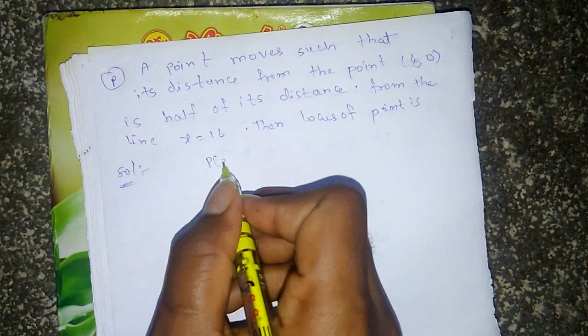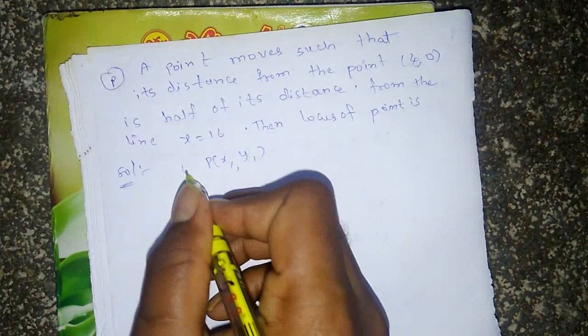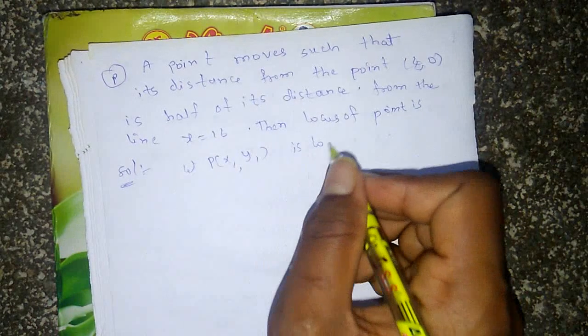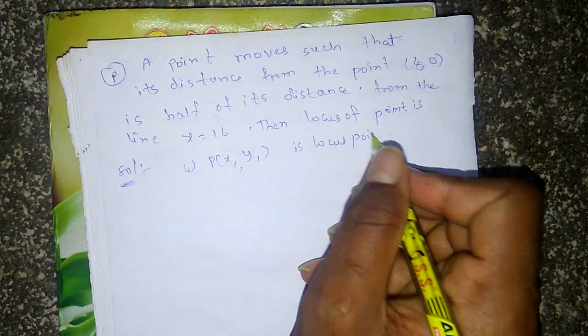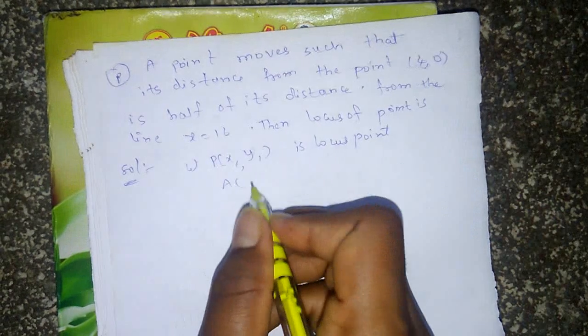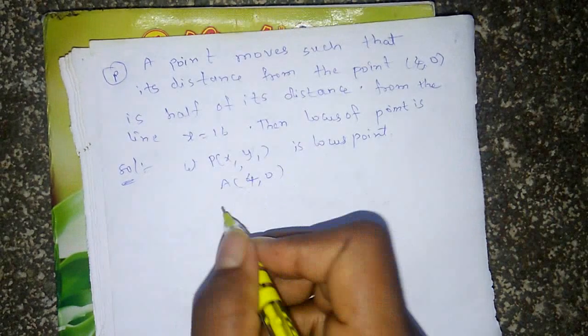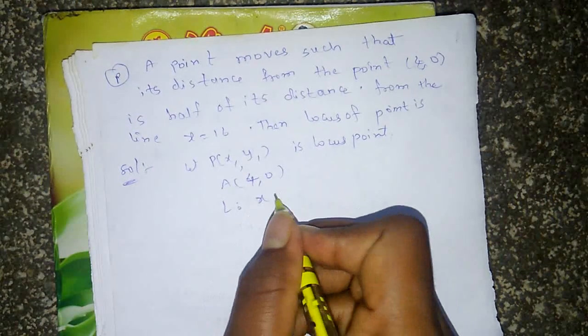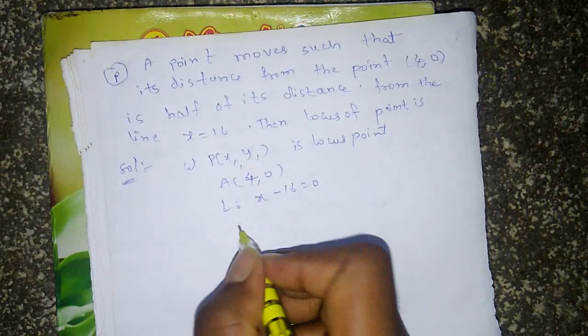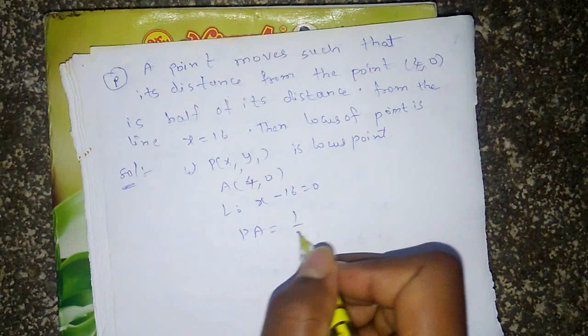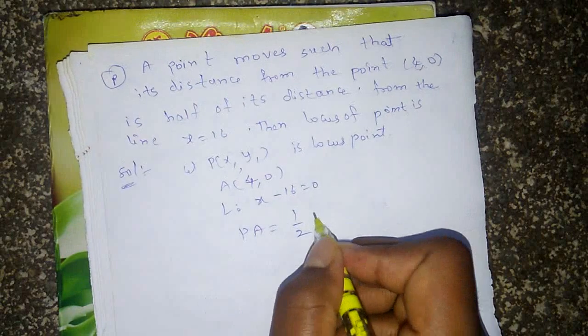here P(x1, y1) is the locus point, and a point is given (4, 0) and the line is given x - 16 = 0. Here given PA is equal to half into PL.